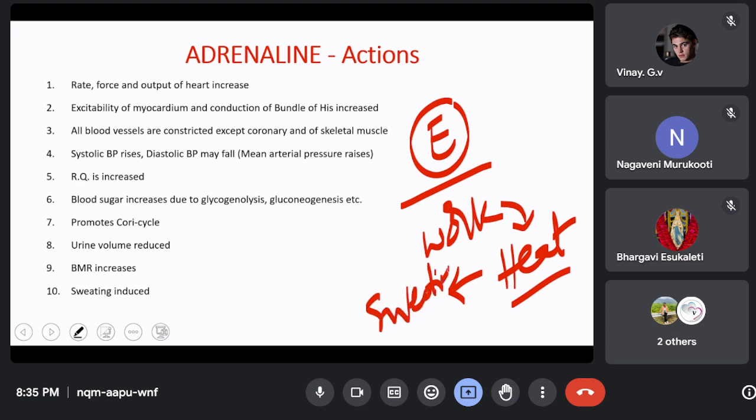That is the reason why when these hormones are functioning, there is associated with it increased BMR, increased heat in the body, and increased sweating. When you fight there is sweating. When you flight, when you fly away, there is sweating, and when you get frightened, also there is sweating. This is the reason behind this.